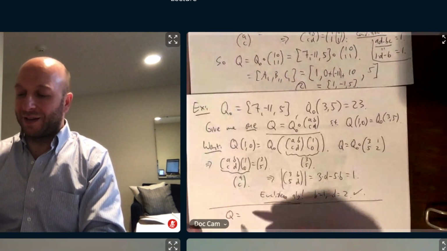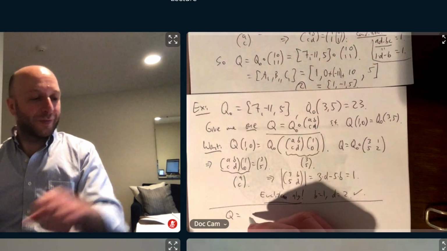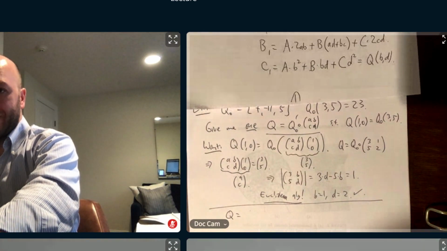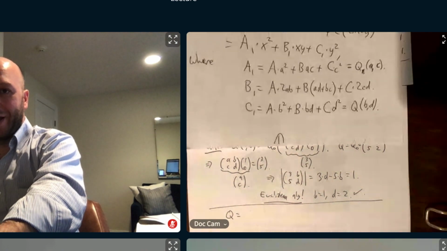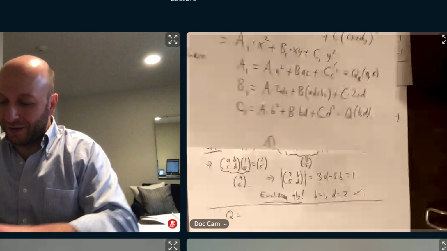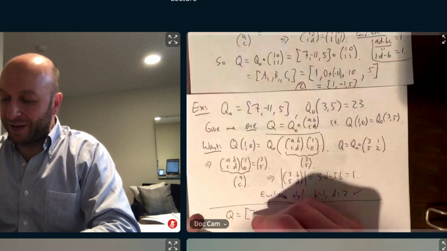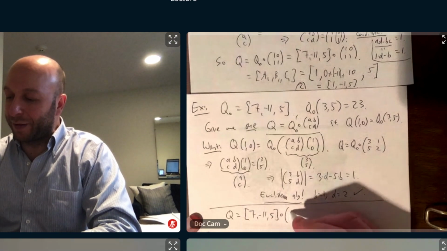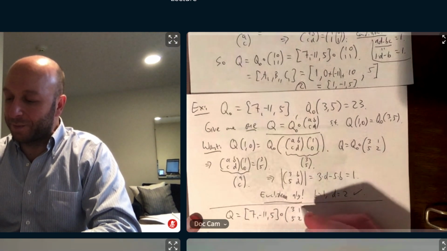We want to evaluate it exactly, for which we need our handy calculation here. Let me write these down. This is 7, negative 11, 5, which was the original Q0, composed with 3, 1, 5, 2.